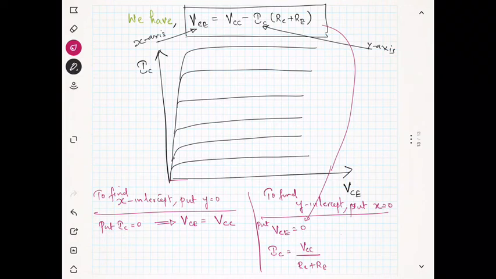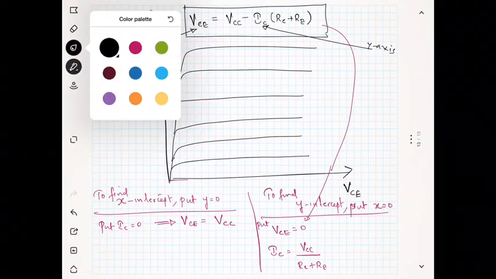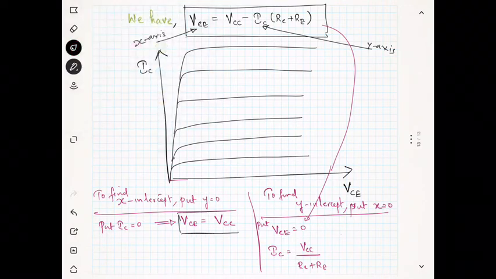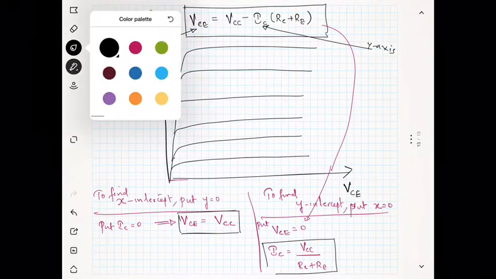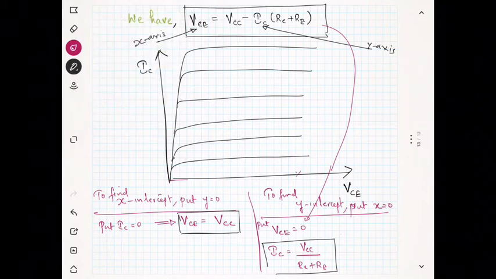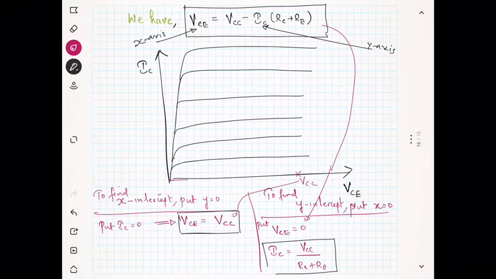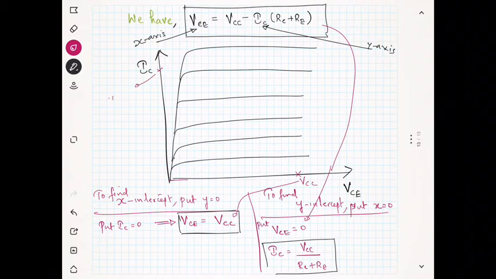Now you got the x-intercept and the y-intercept. So we are going to mark it. The x-intercept may be somewhere here, and this is nothing but VCC. And the y-intercept will be something here. It is nothing but IC sat, we can say, because it's the maximum current, at saturation.